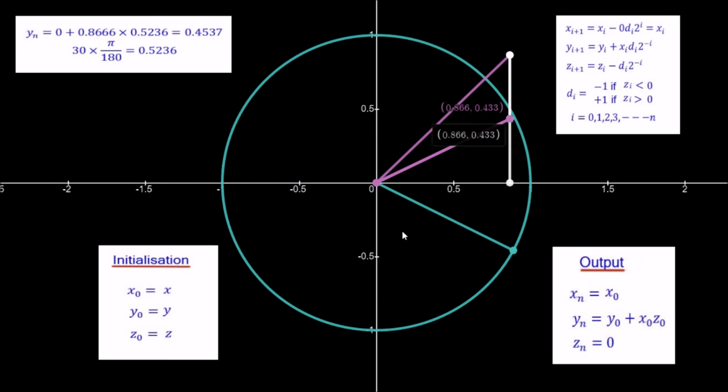Now, of course, this value here is also going to rotate, and this is going to be given by our zi minus di 2 to the minus i. Now, we already know our value for di is minus 1, so it's minus times minus makes it a plus. So we're going to be adding on the next angle here. So the next angle for this one here is going to be given by 2 to the minus 1, so that's a half.